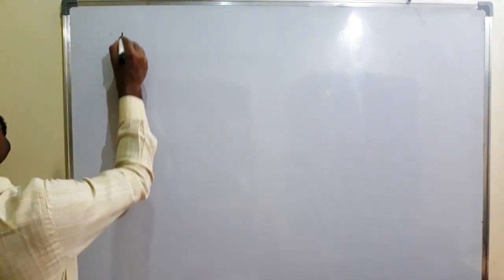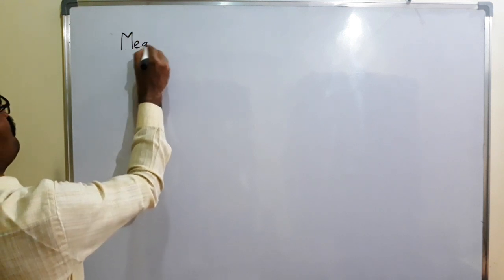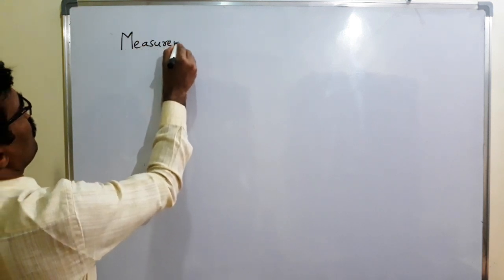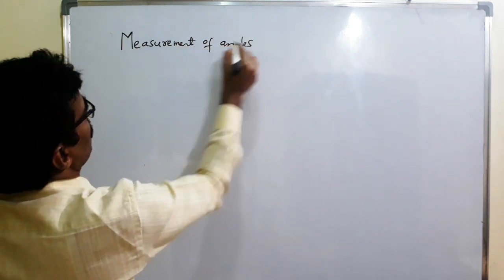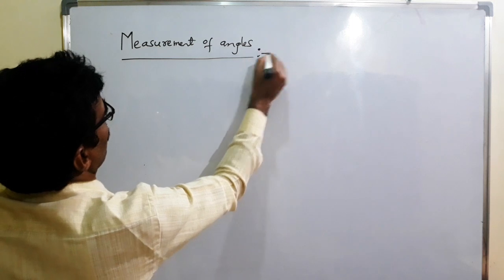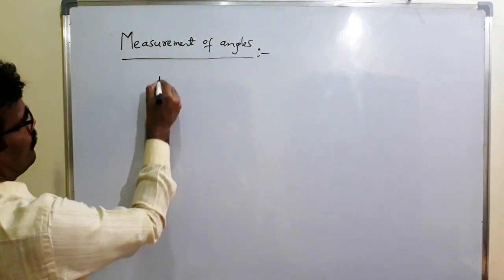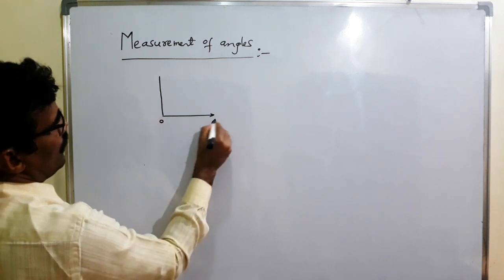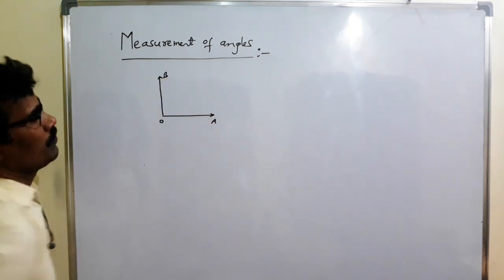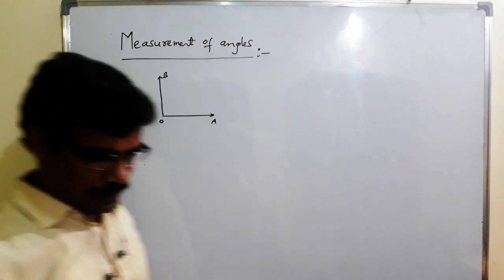Then measurement of angles. O, A, this is B. This is right angle.